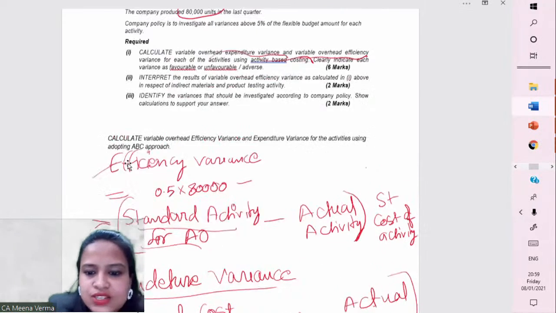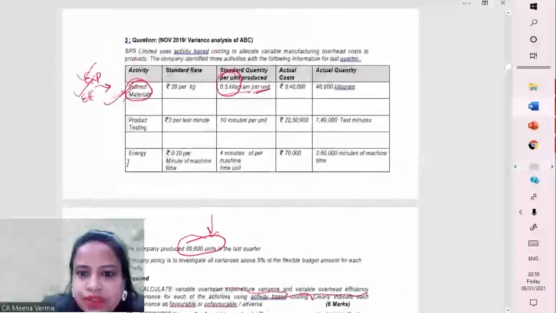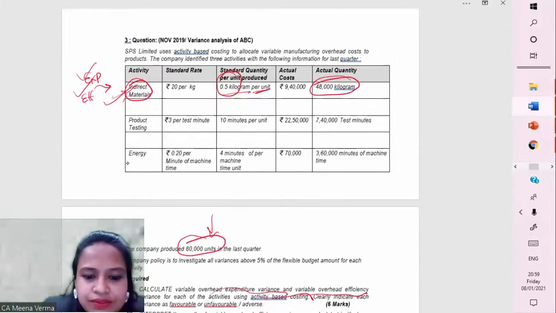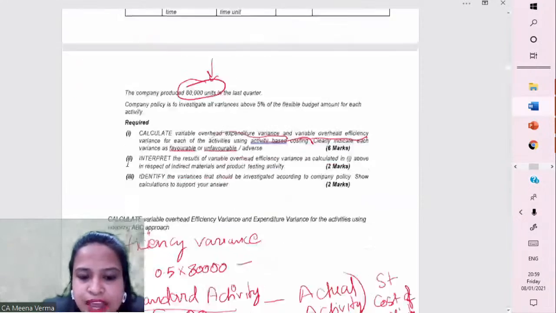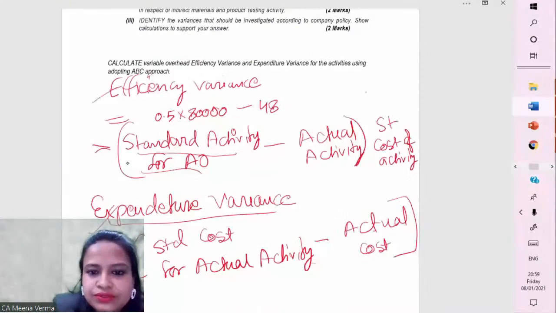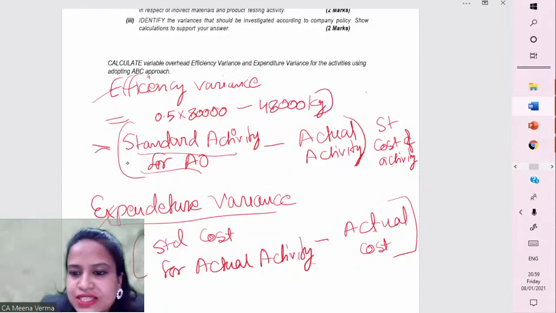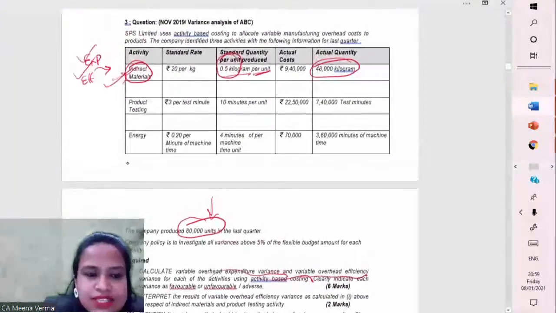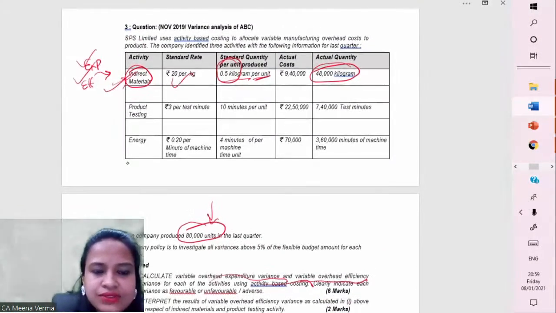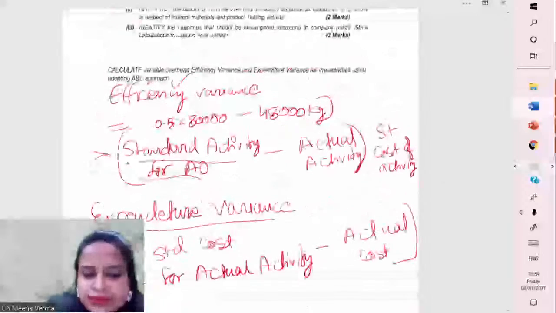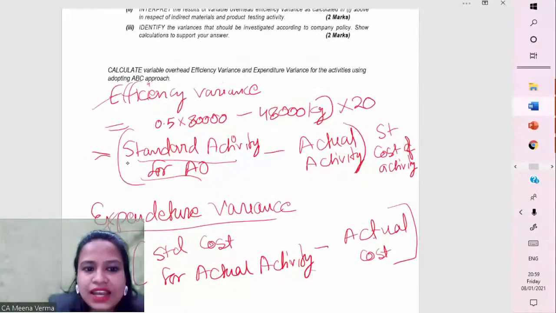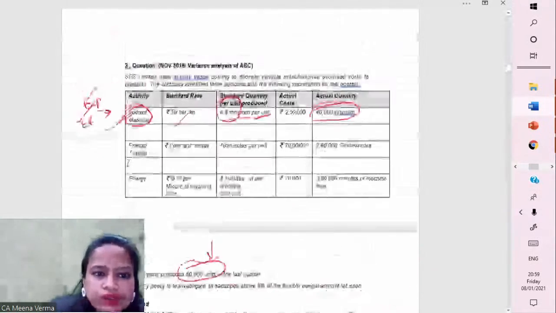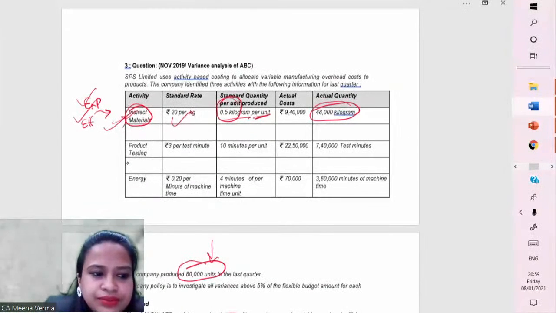Then what is my actual activity? 48,000 kg. And what is my standard cost of activity? Rupees 20. So this way I'll get the efficiency variance for indirect material.